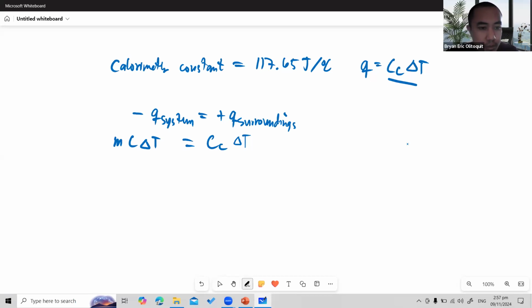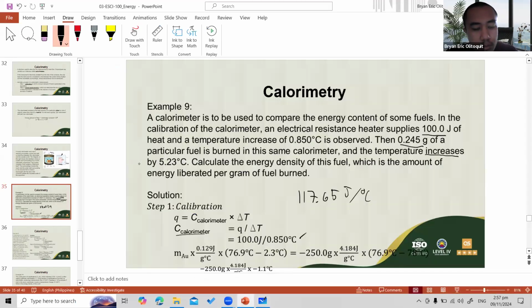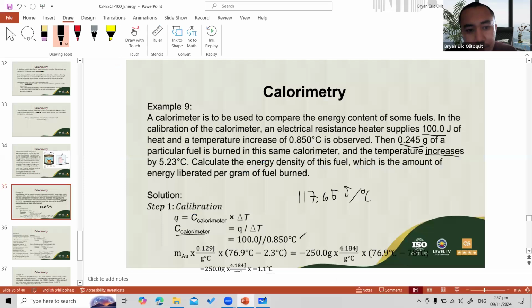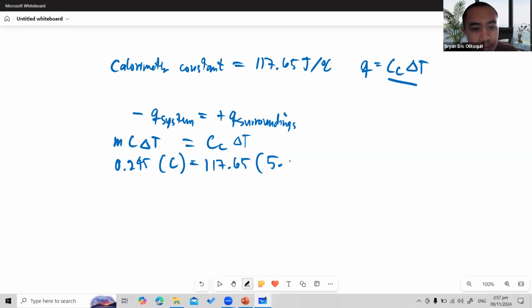So we have 0.245 multiplied by the specific heat C, equivalent to the calorimeter constant of 117.65 multiplied by the change in temperature of 5.23 degrees Celsius.